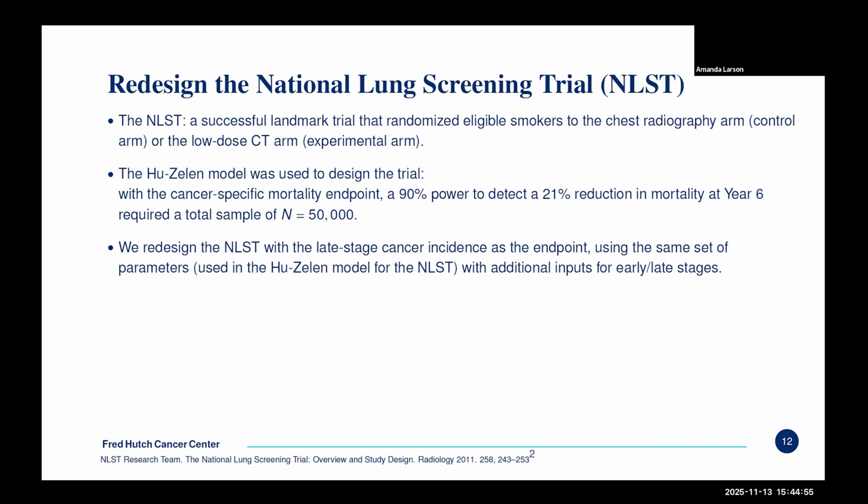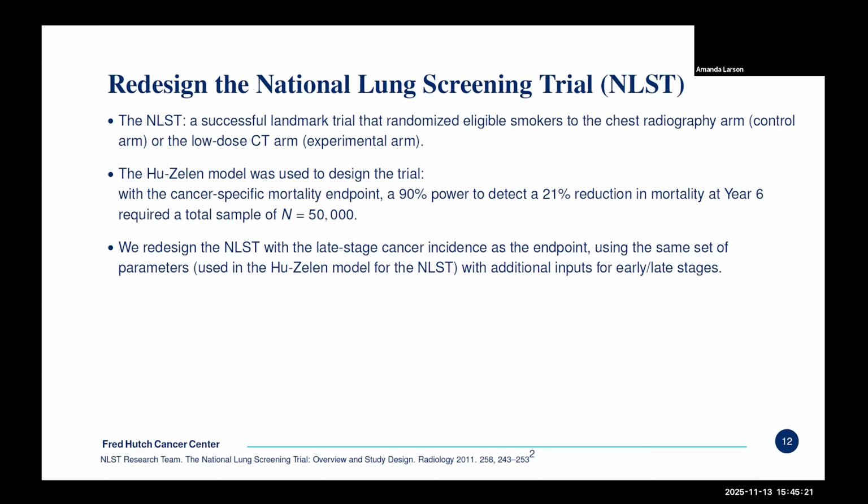It randomized eligible smokers to chest radiography and low-dose CT. The Hu and Zelen model, which relies on that classic three-stage model, was used to design the trial. They used cancer-specific mortality as the endpoint and looked at the reduction in mortality at year 6.